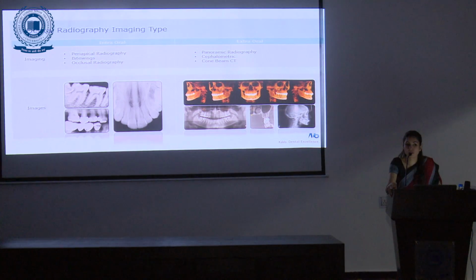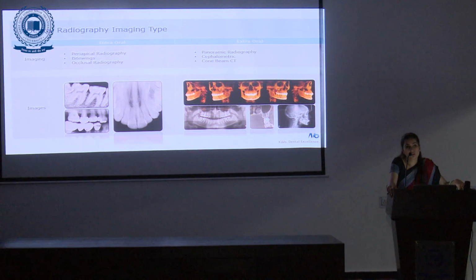The RVG goes inside the patient's mouth. We place the sensor at the desired anatomy, then we shoot X-rays and get the image on the film or on our PC. If it is an analog system, we get everything on the film. If it is a digital system, we get it on the software.